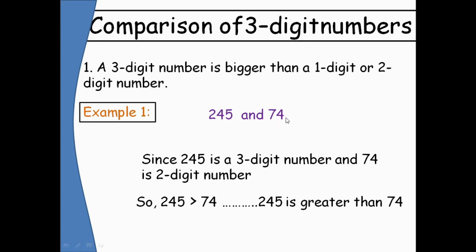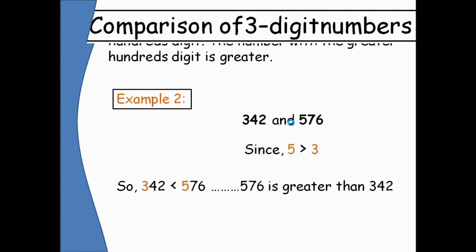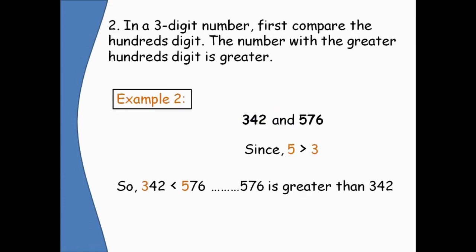Now moving to the next rule, rule number 2. In a 3-digit number, first compare the hundreds digit. The number with the greater hundreds digit is greater. For example, we have taken two numbers, 342 and 576.